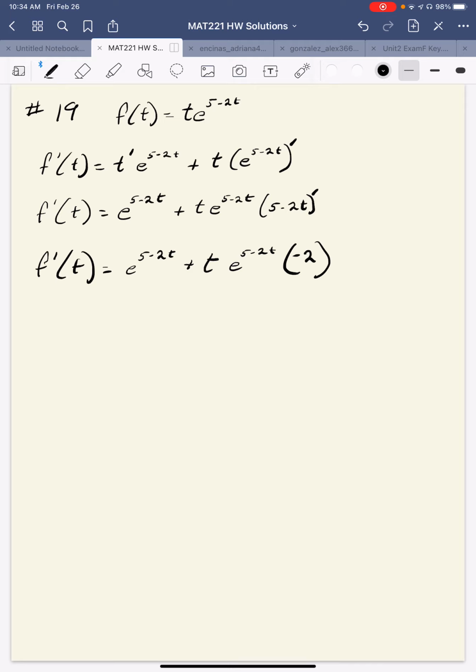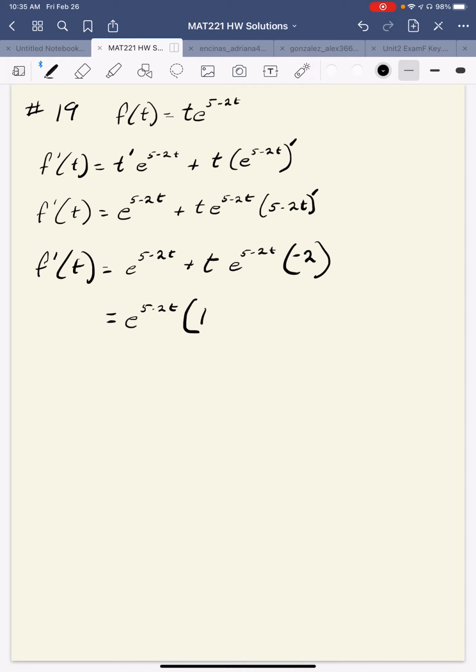Okay, so now all that's left is just a little bit of cleanup. I can see that in both of these equations I have this common term, so I will factor that out to the front, giving me e to the 5 minus 2t. And then I'm going to multiply that by, so when I factor e to the 5 minus 2t out of this term, I'm just left with a 1.